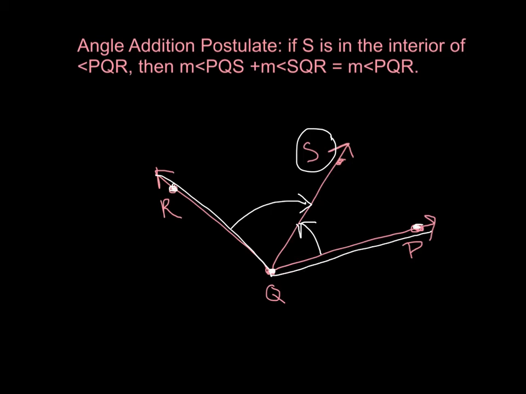Again, we have this ray here, QS, that's going through the interior of angle PQR, so we can add up each of the angles, and that will give us the measure of the entire angle.